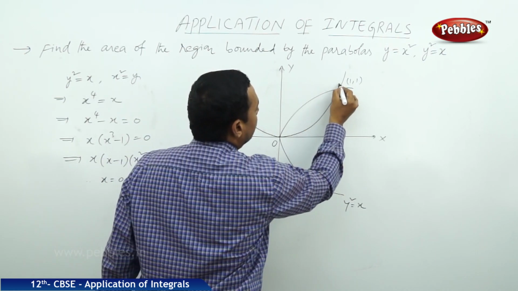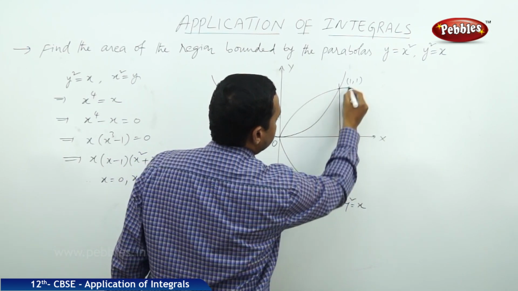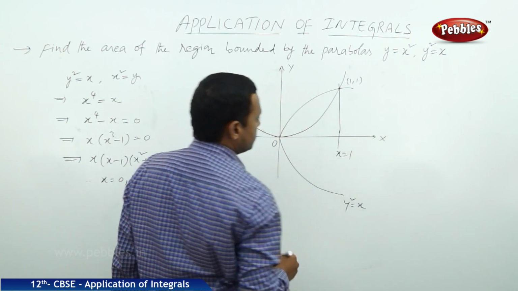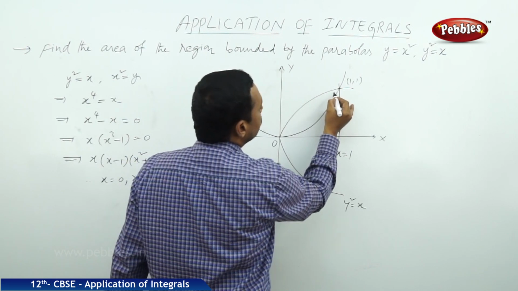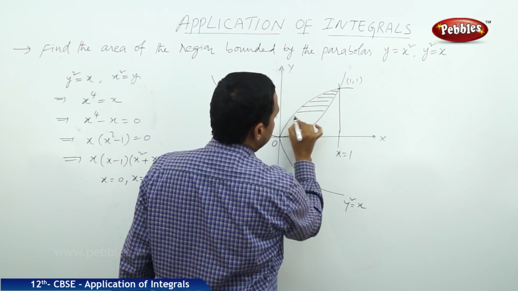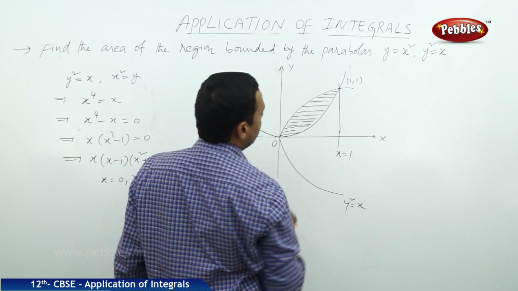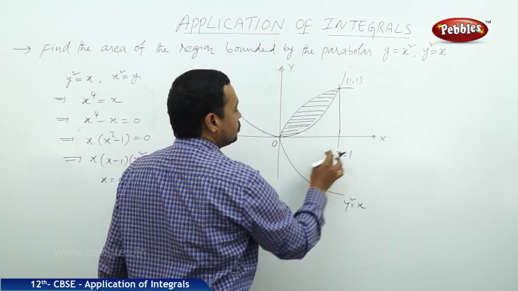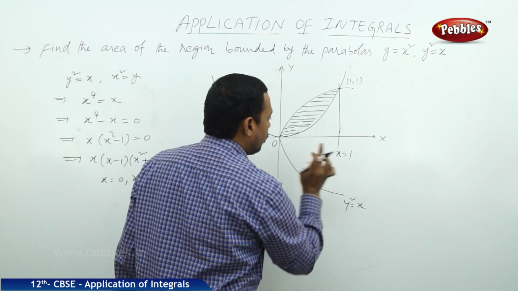Now let us take a straight line passing through (1, 1) parallel to the y-axis. This is x = 1. Here, by this graph, the area bounded by the two curves is this one. This shaded part is the area of the region bounded by the two curves, defined by the ordinates x = 0 and x = 1.